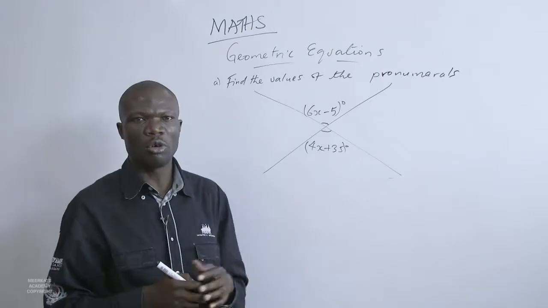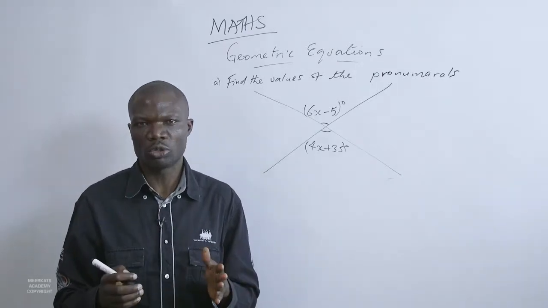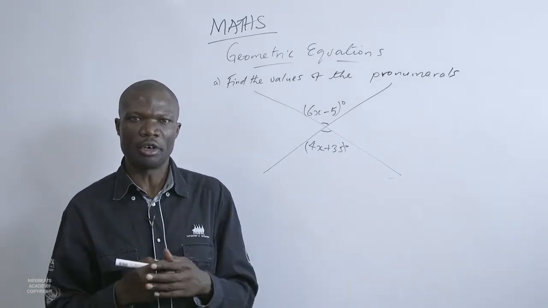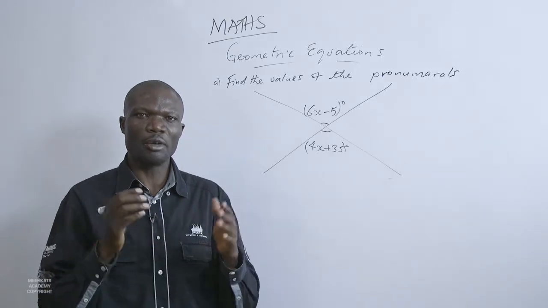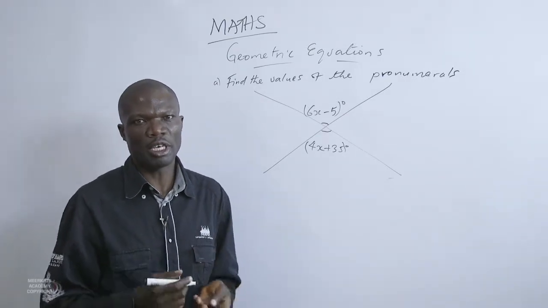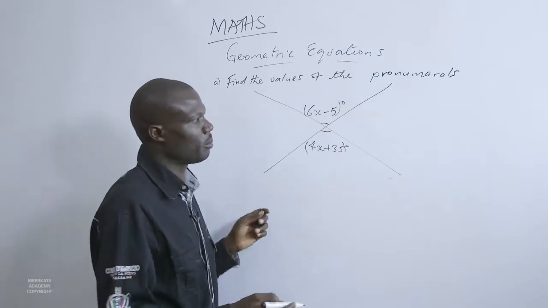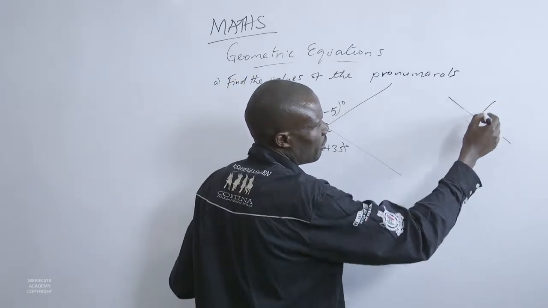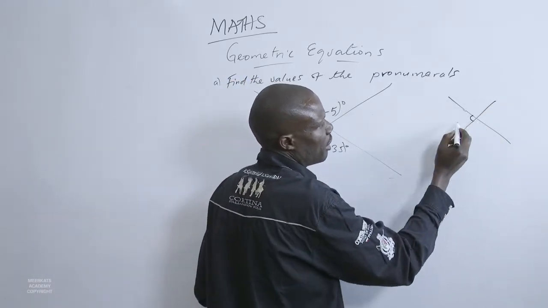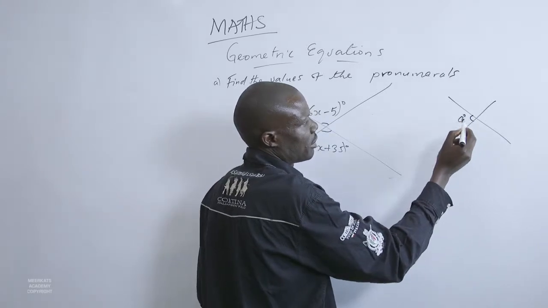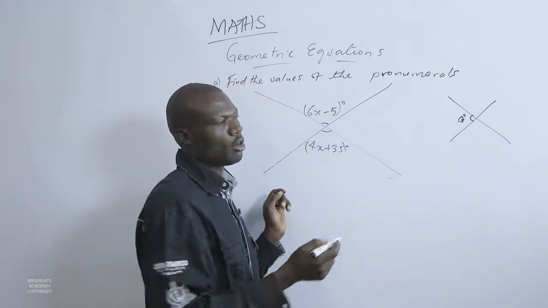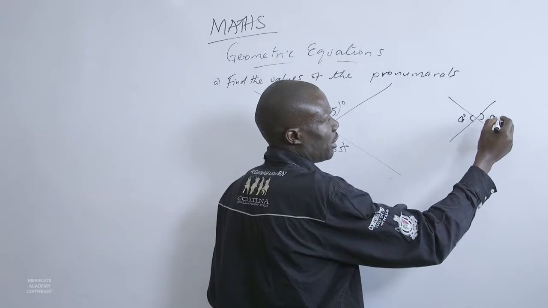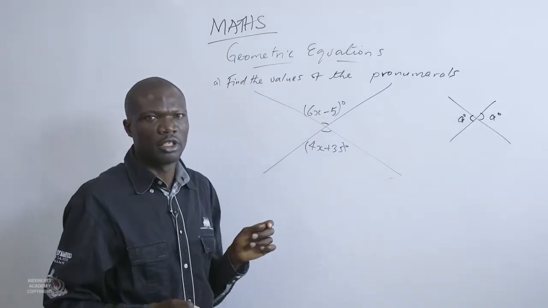When we talk about angles, we have those angles which are opposite, and we normally say that opposite angles are always equal. For example, if we have this angle as A degrees, then the opposite angle will also be A degrees.